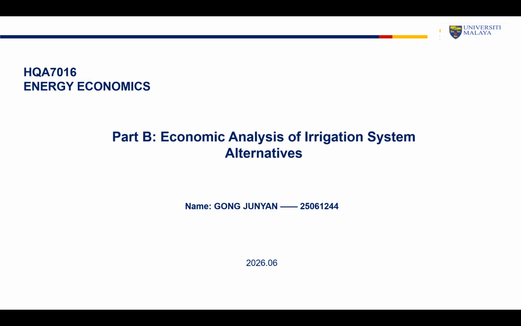Good morning. This presentation reports the Part B economic analysis for the irrigation system decision in the energy economics assignment. The analysis compared three alternatives: a solar power irrigation system purchased by the company, a solar power irrigation system under lease, and the diesel-powered irrigation system.